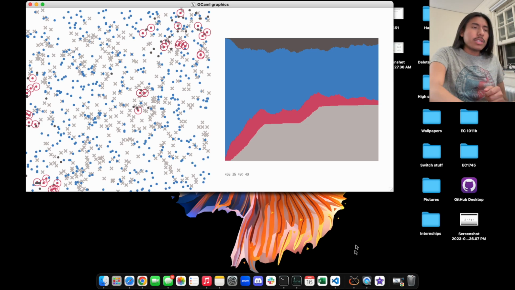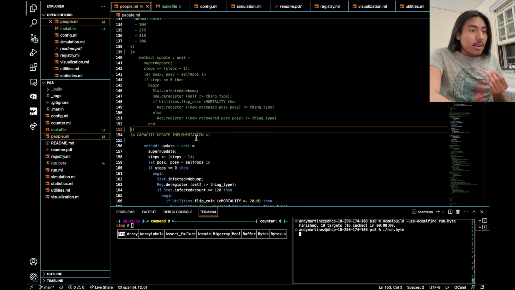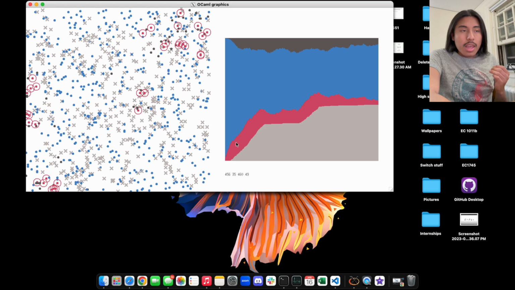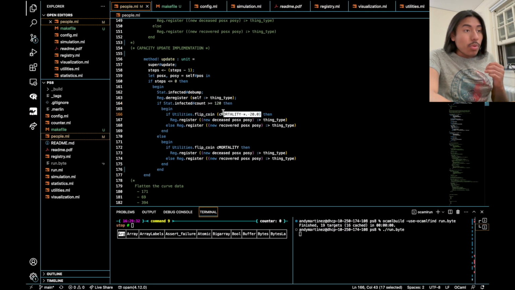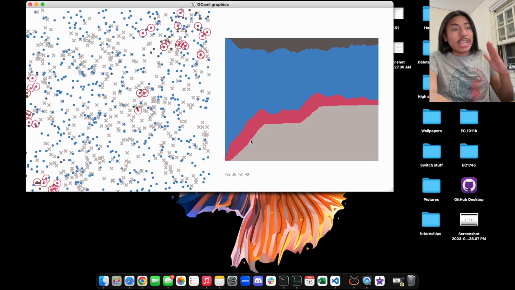Well, this first steep increase, what's going on there is that we must start off with more than 120 people being infected, and that results in us using this higher 20-fold mortality rate. Hence why the mortality rate is so high and so steadily increasing.